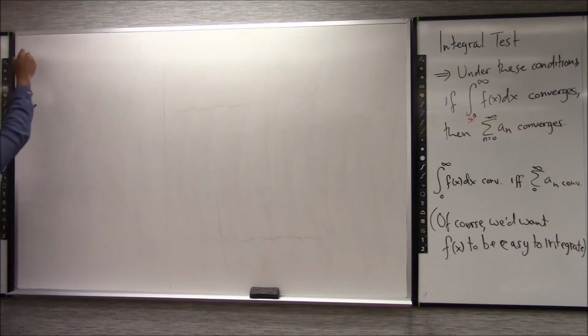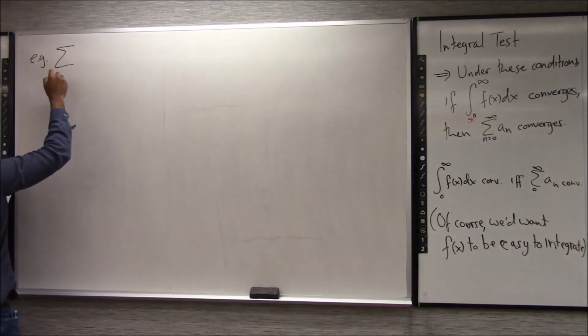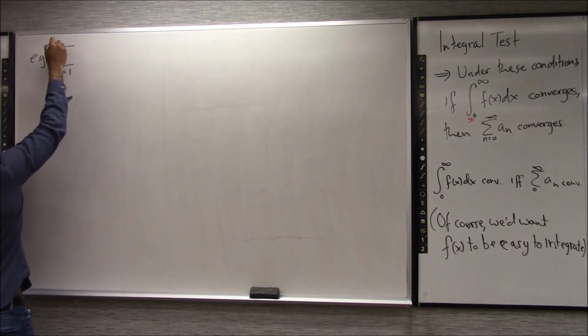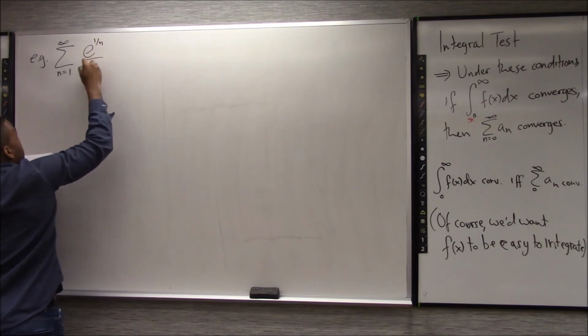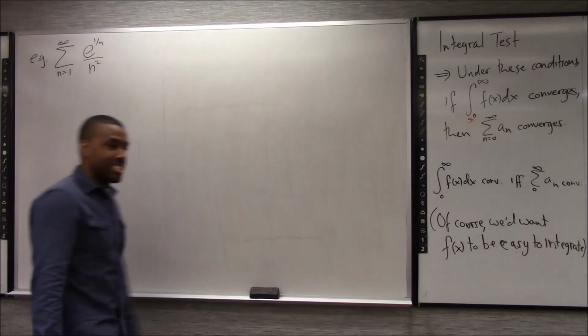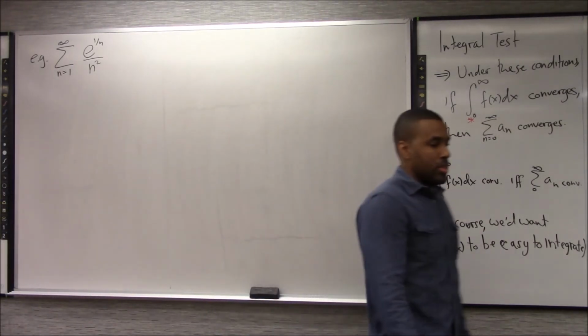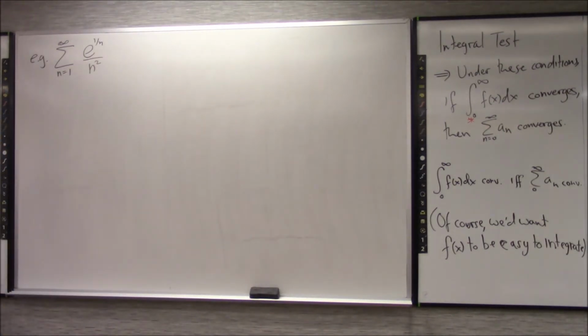So here's an example that looks crazy when you first see it. You see something like this, the sum from n equals 1 to infinity of e to the 1 over n squared. What is that? So first, the limit does go to 0, so I can't immediately say it diverges.